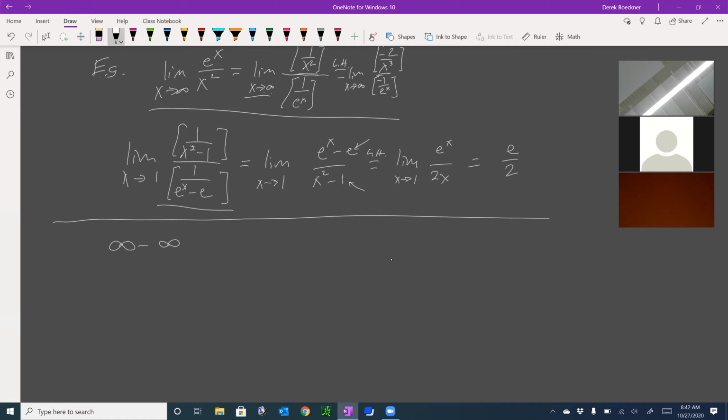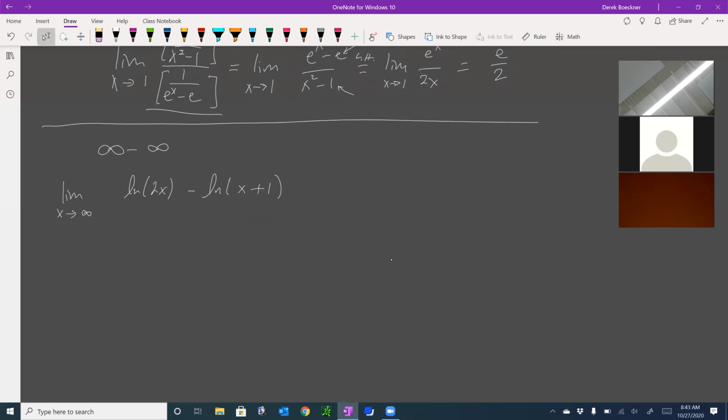So let's do the limit as x goes to infinity of ln of 2x minus ln of x plus 1. As x goes to infinity, this goes to infinity minus this thing that also goes to infinity. So we've got an indeterminate form here. Okay.